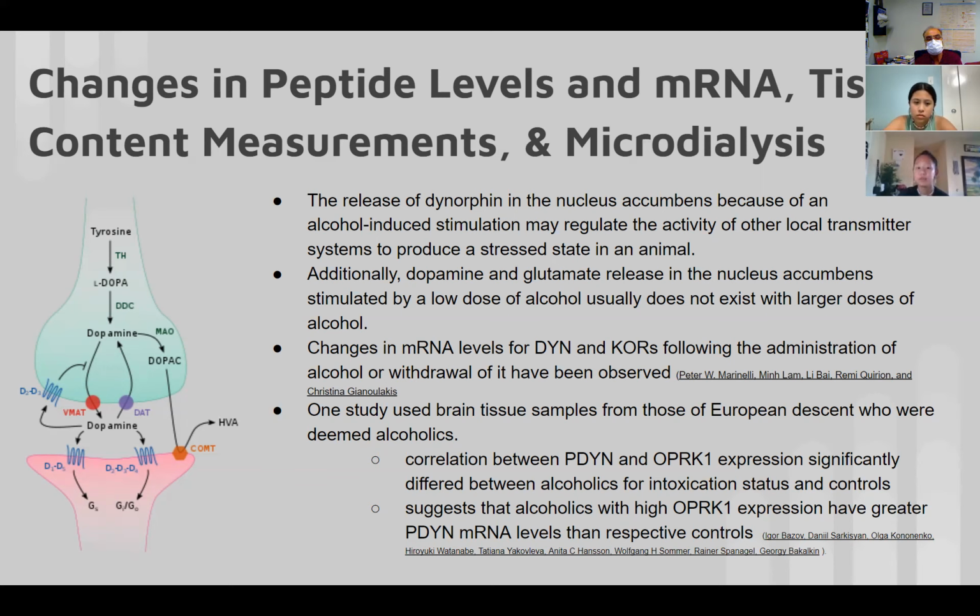And then the slope of the regression line was steeper in alcoholics as compared to controls. This suggests that alcoholics with a high OPRK1 expression have greater prodynorphin mRNA levels than their respective controls. Because of increased dynorphin levels compared to the controls, alcoholics with high prodynorphin and OPRK1 expressions will exhibit a larger and stronger KOR activation.